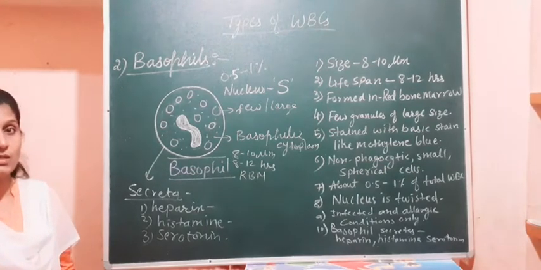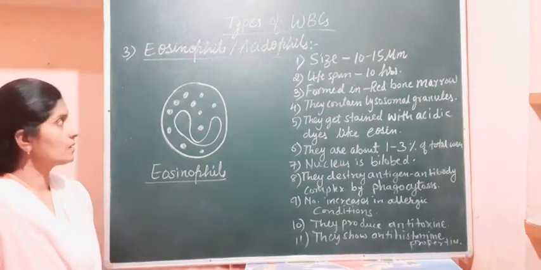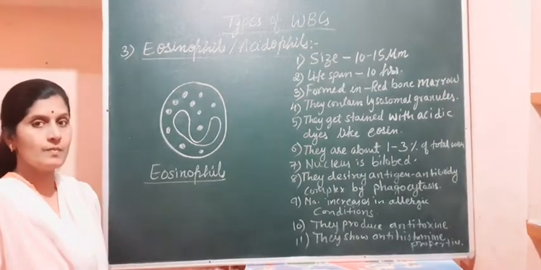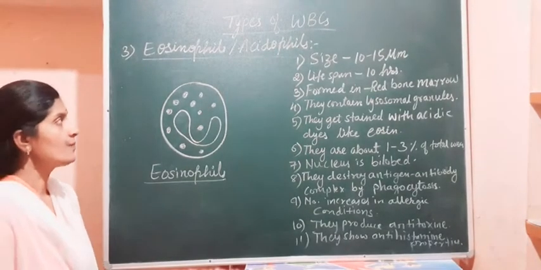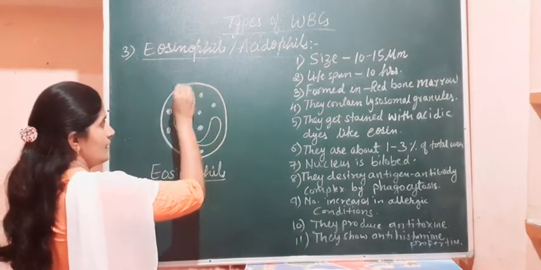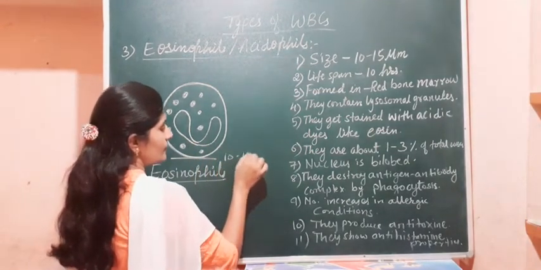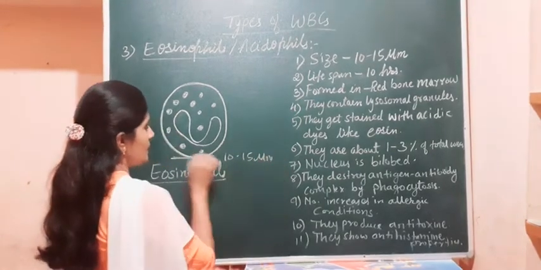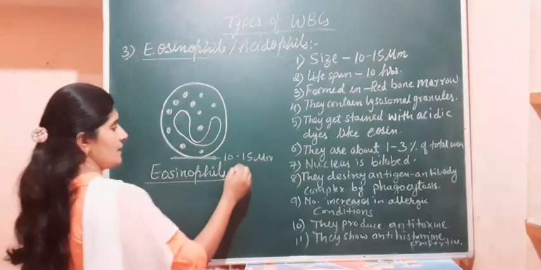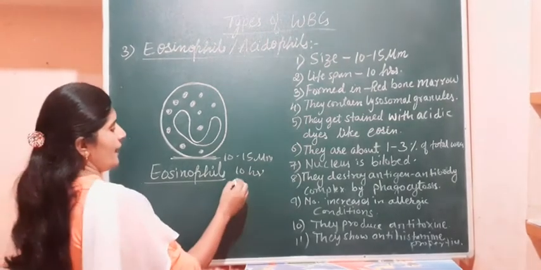Now we will see the next type of cells, the acidophils. The third type is eosinophils or acidophils, a type of granulocyte. The size of the eosinophils or acidophils is 10 to 15 micrometers, and the lifespan is 10 hours only.